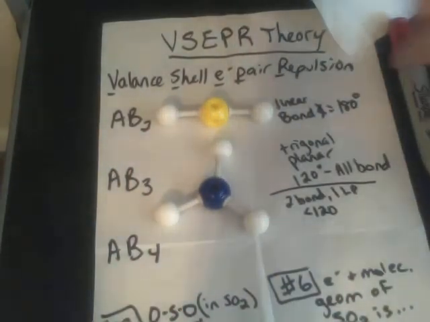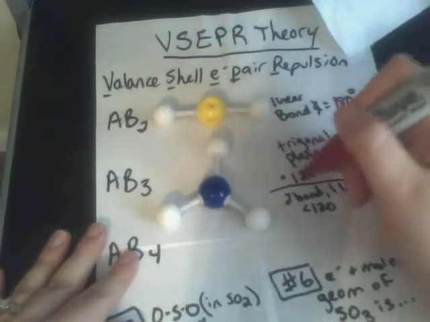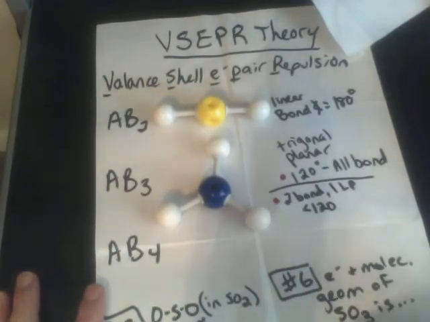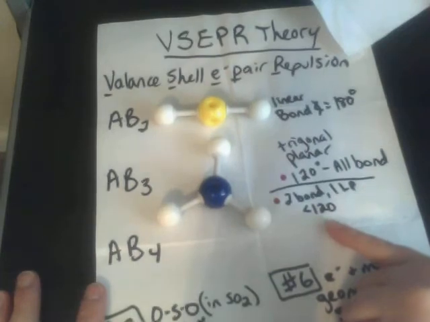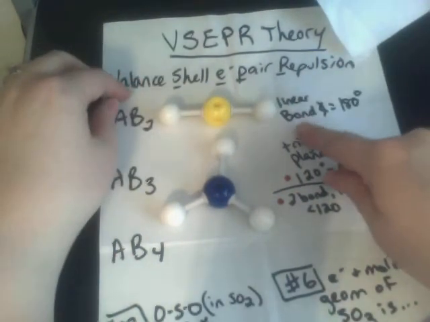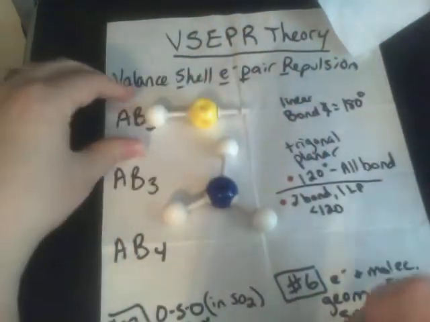So I actually brought some markers so I could color code here. So there's two options for the AB3, right? We could either have 120 if they're all bonded, or less than 120 degrees if we have two bonds and one lone pair. Why didn't I do that lone pair trick up here? Well, what happens if we have a lone pair like carbon monoxide?